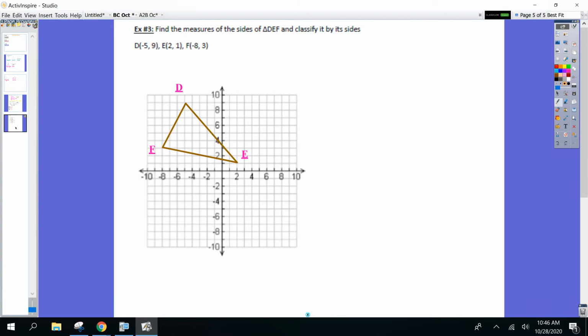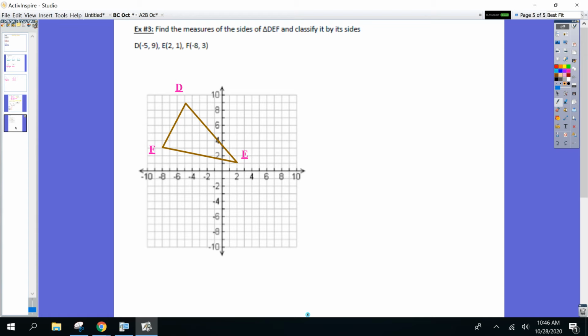From Unit 1, there's your big hint for this problem. Do we have anything from Unit 1 that will determine the lengths of these sides? Can you help me find the length of each side using something from Unit 1? Pythagorean theorem. Absolutely.